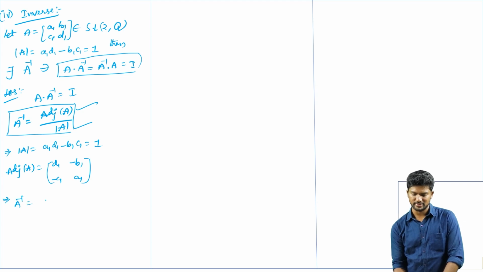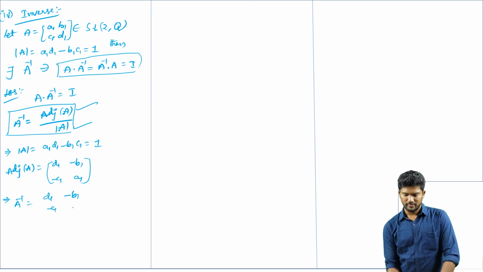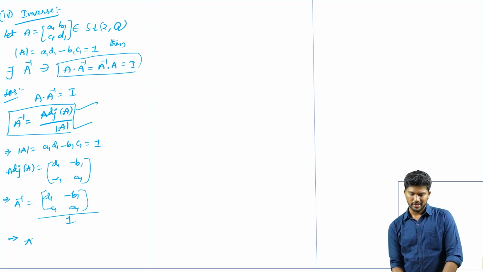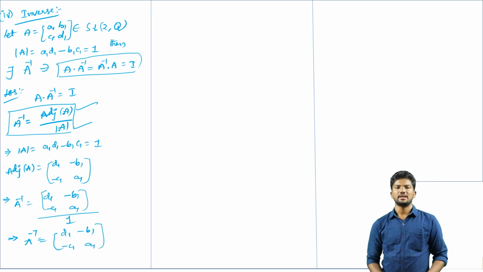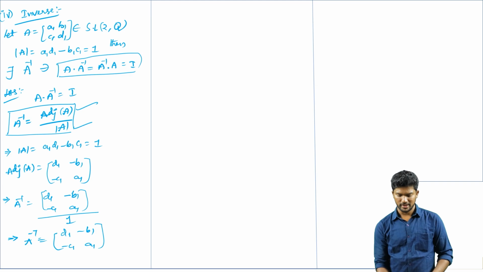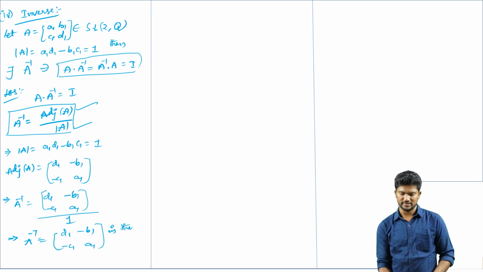So A inverse is equal to D1 minus B1 minus C1 A1 divided by det of A, which is 1. So A inverse is equal to D1 minus B1 minus C1 A1, which is the inverse matrix of capital A.